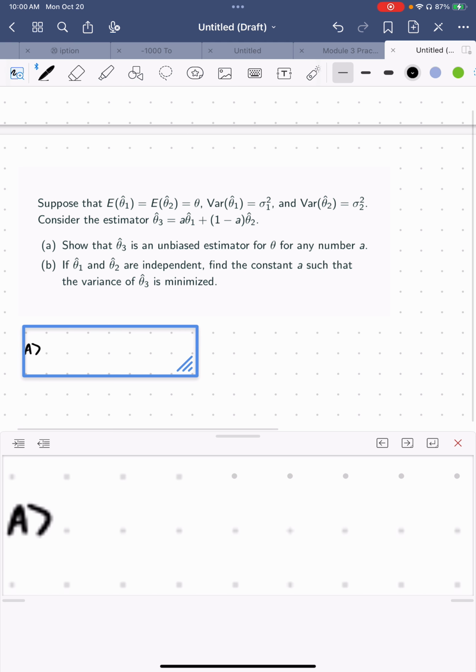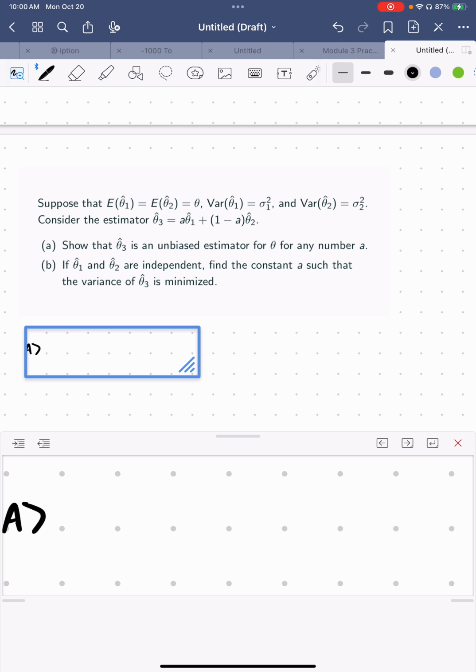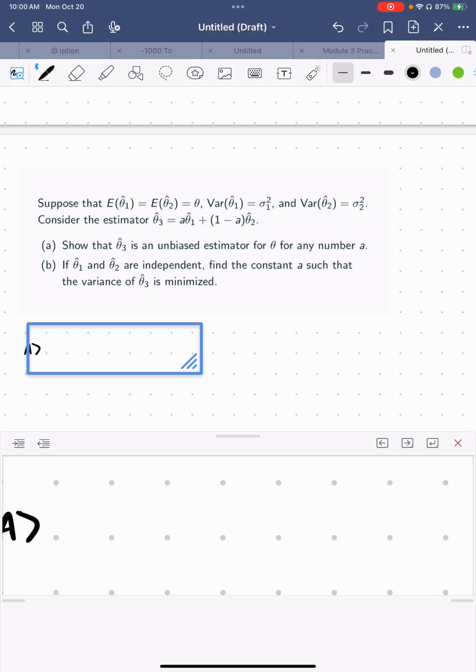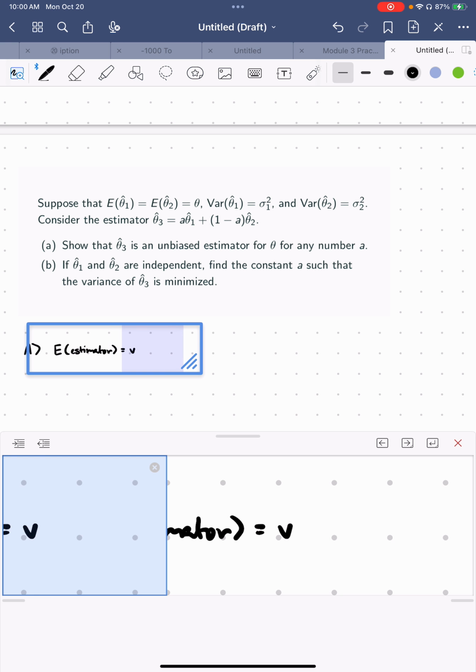So to determine if something is an unbiased estimator of something else, we need to see that the expected value of our estimator is equal to the value that we're estimating, essentially.